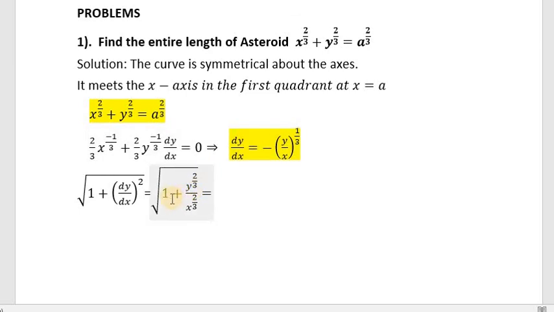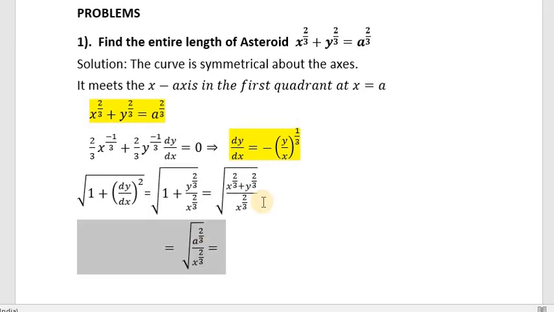So we get it as 1 plus y to the power of 2/3 by x to the power of 2/3. By taking LCM, x to the power of 2/3 plus y to the power of 2/3 by x to the power of 2/3, and x to the power of 2/3 plus y to the power of 2/3 is the given equation.